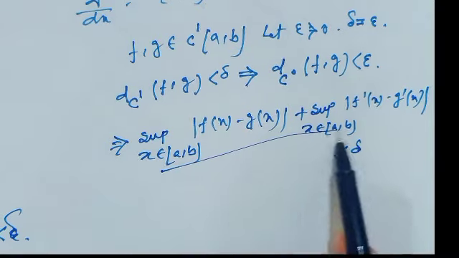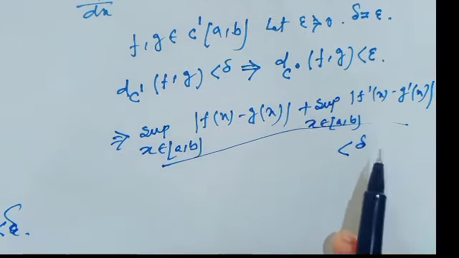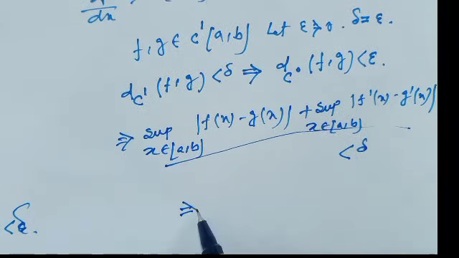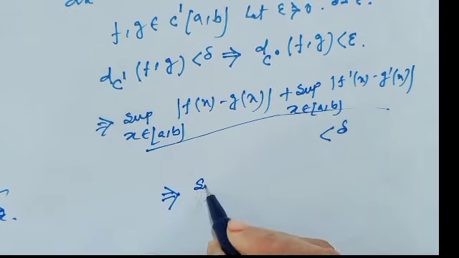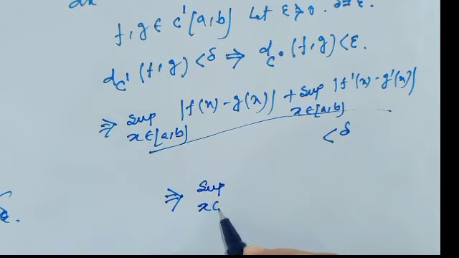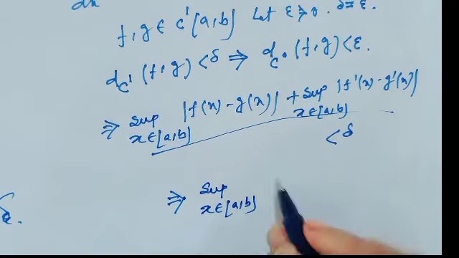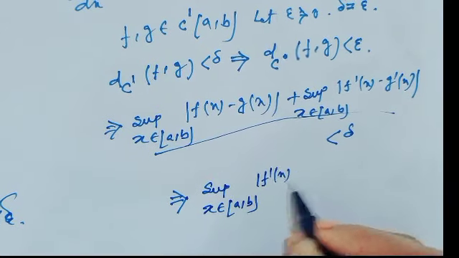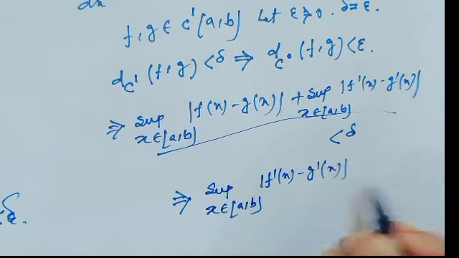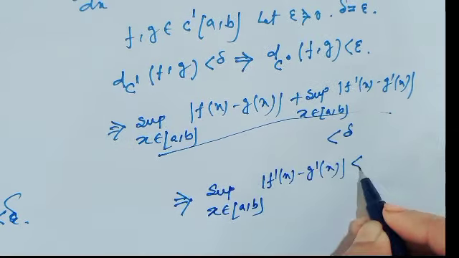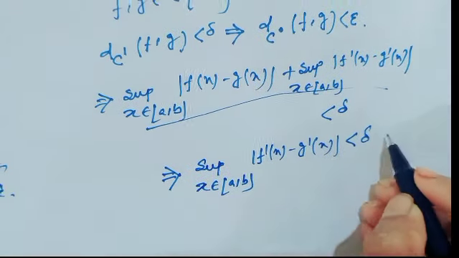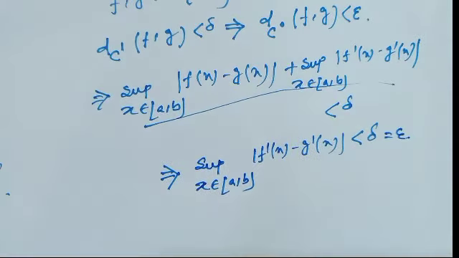Since this term is less than delta, from this we can write obviously supremum over x in [a,b] of |f'(x) minus g'(x)| would be less than delta. And since I have chosen delta equal to epsilon, therefore this is equal to epsilon.